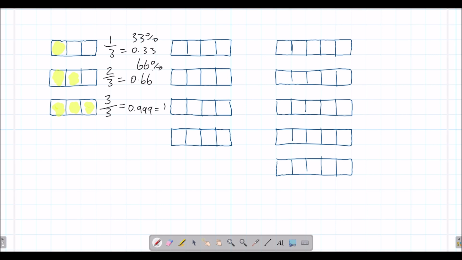A quarter is worth 25% or 0.25. 2 quarters is the same as a half.